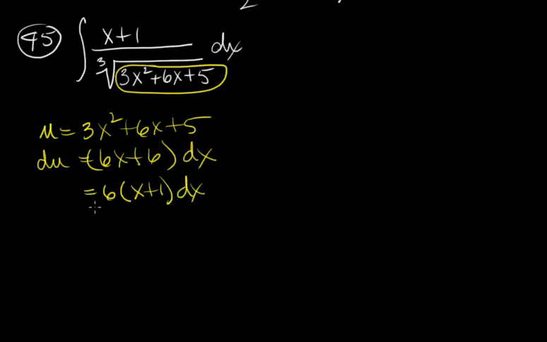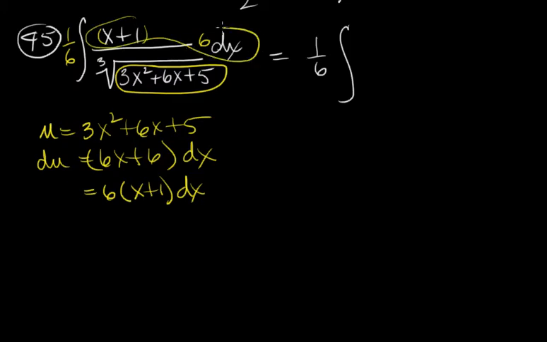And I'm going to be able to get what I want up here by just multiplying by 6 and 1/6. And you see yourself how that turns into 1/6 times the integral of, and here's the du, x plus 1 times 6 dx. That's my du.